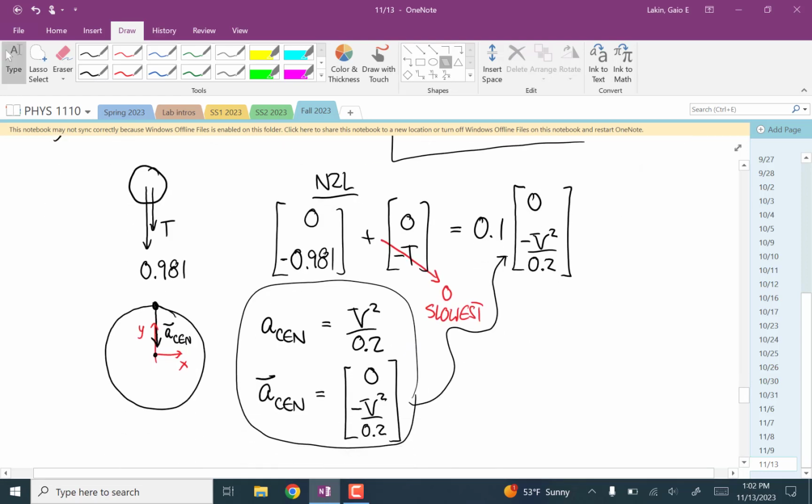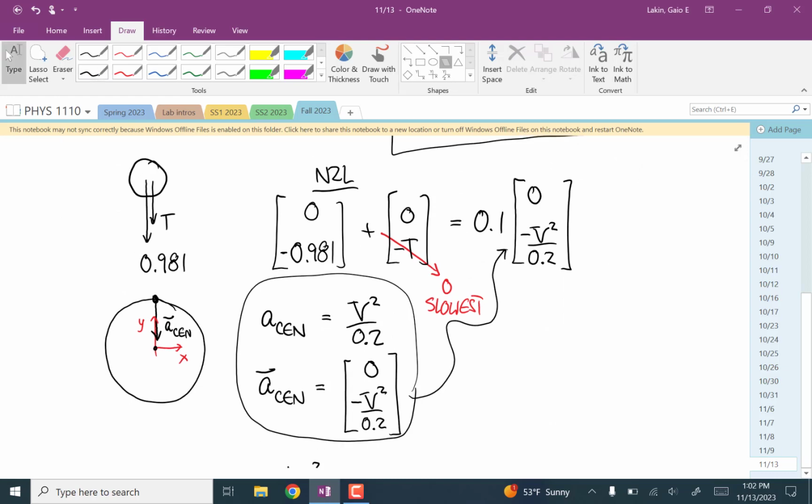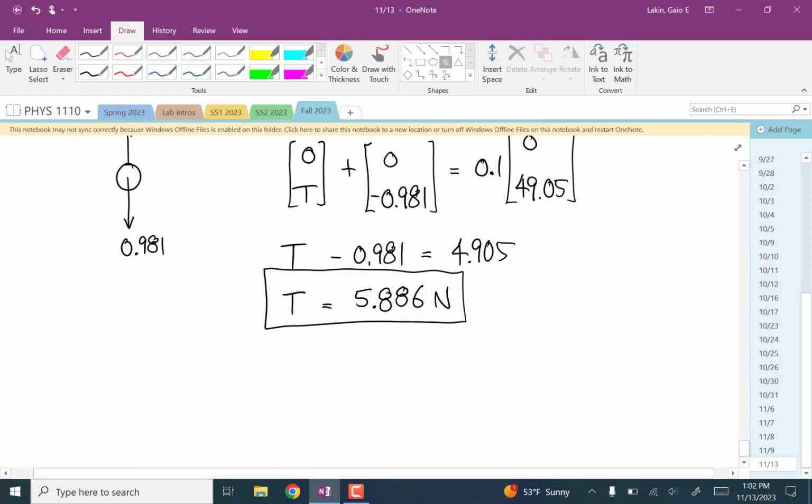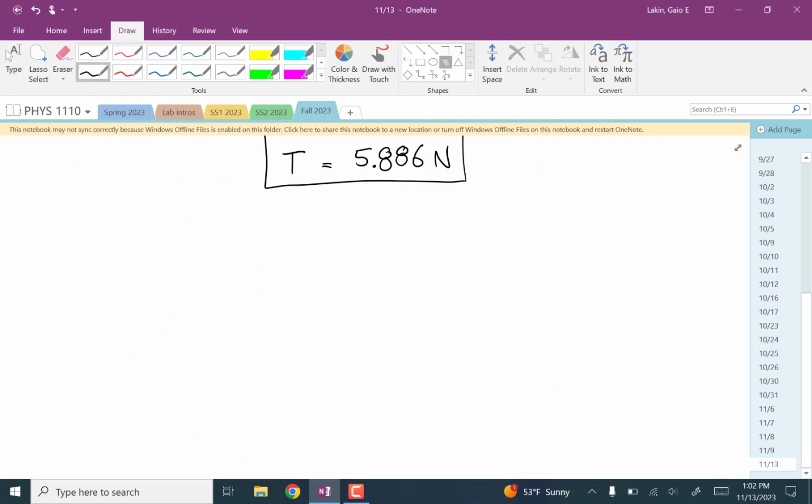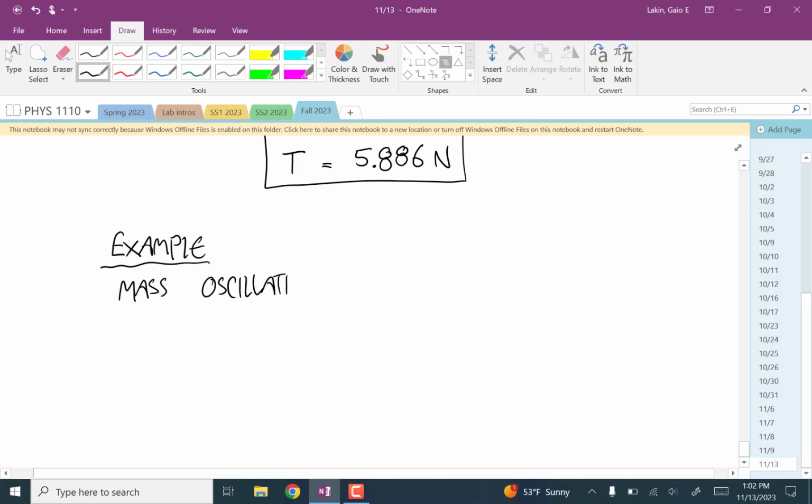Okay, let's do a spring problem. So let's think about a mass oscillating on a spring.